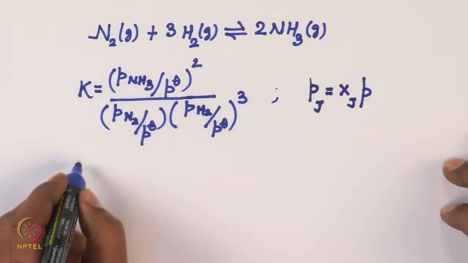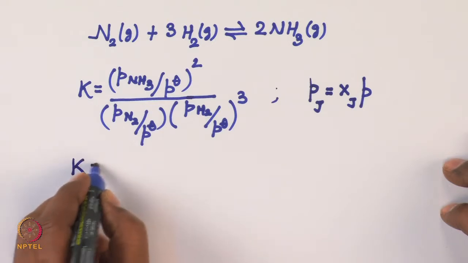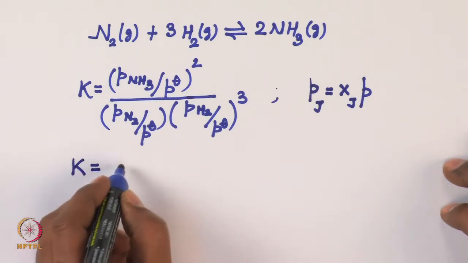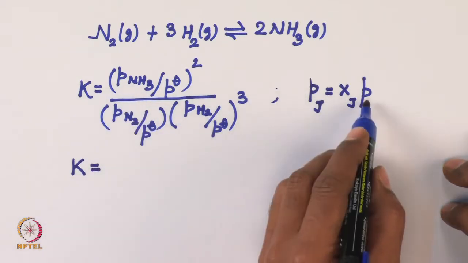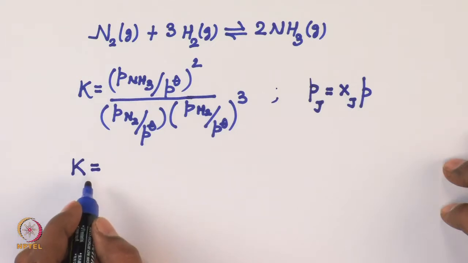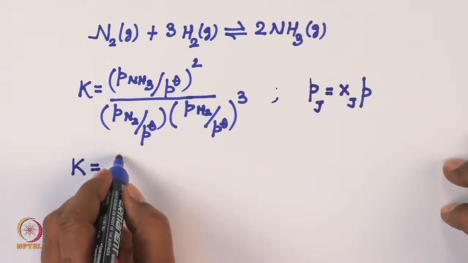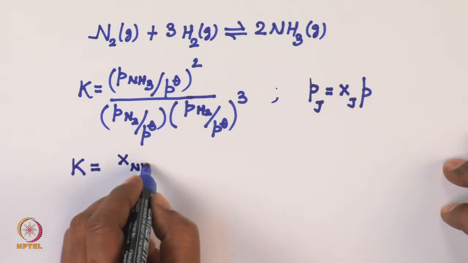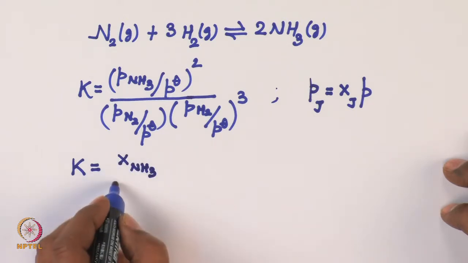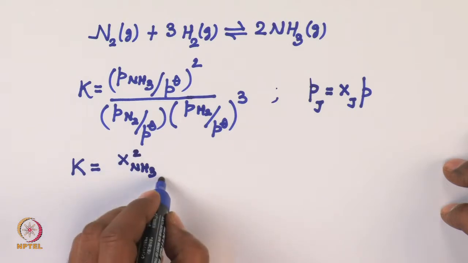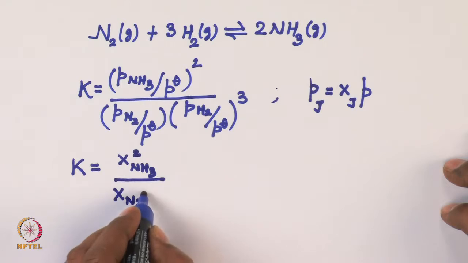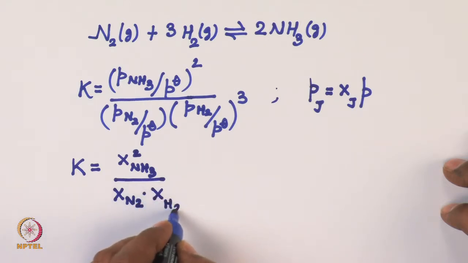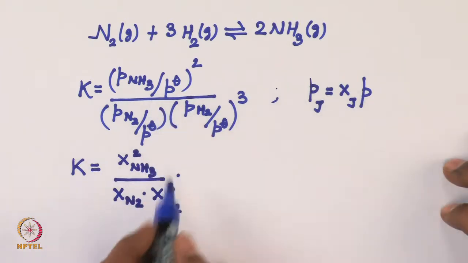We will use this information over here. Once you put, instead of P, mole fraction into the total pressure, I will have mole fraction of ammonia raised to the power 2 over mole fraction of nitrogen into mole fraction of hydrogen raised to the power 3, and pressure term is also there.